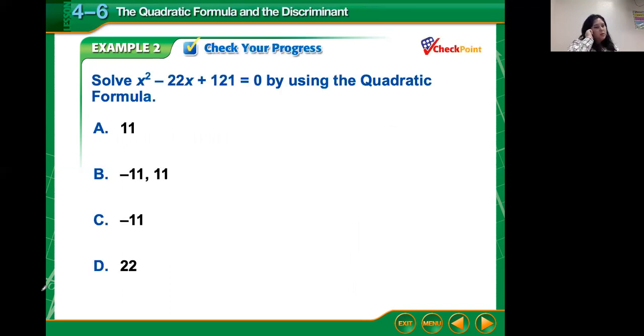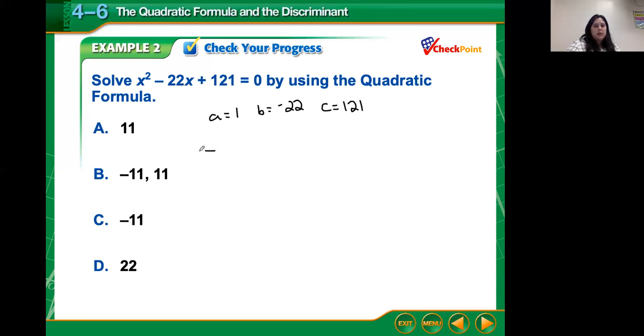All right, so let's go ahead and try to solve x squared minus 22x plus 121 equals 0 by using the quadratic formula. All right, let's take a look here. So a is 1, b is negative 22, c is 121.